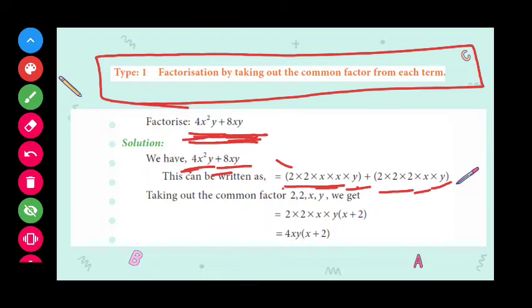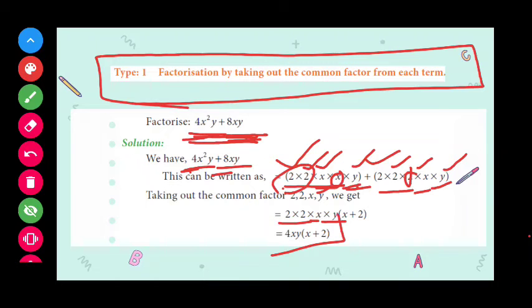Both terms have one 2, another 2, one x, and one y. So we take two 2's, one x and one y, which gives 4xy, and the remaining term is x and 2. So x plus 2 stays inside.